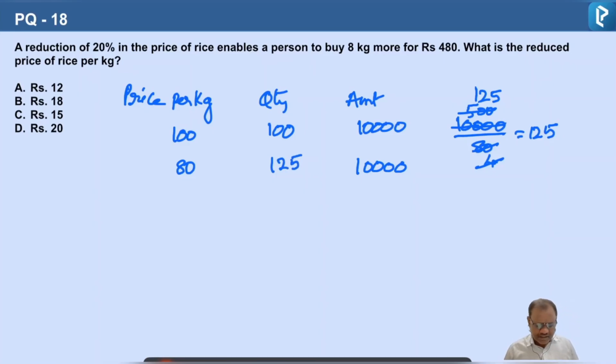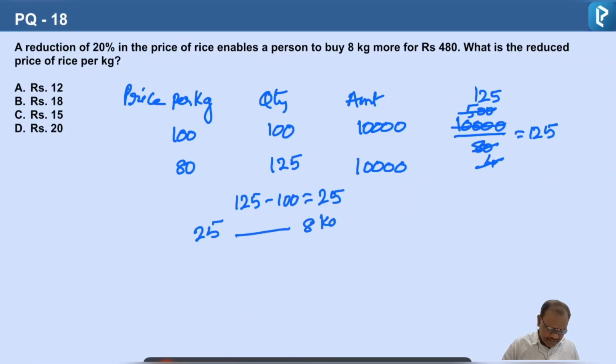So according to the question, the increase in number of bags, increase in quantity is 25, 125 minus 100, which is equal to 25. According to the question, this is equivalent to 8 kg. So 25 is equivalent to 8 kg.